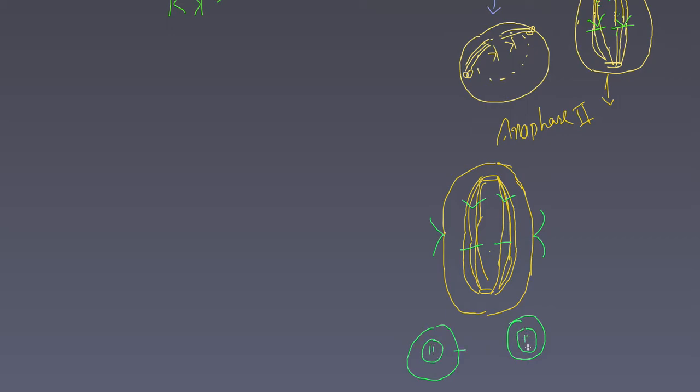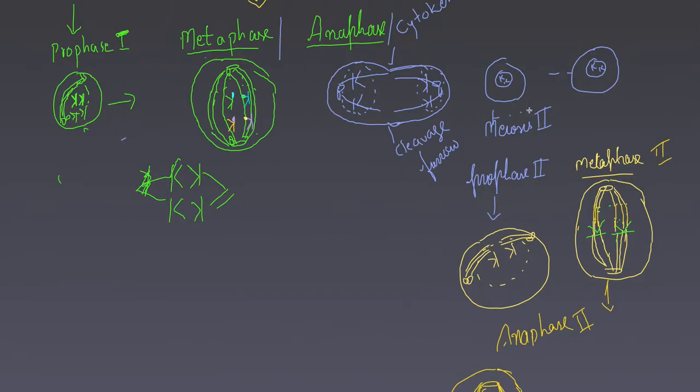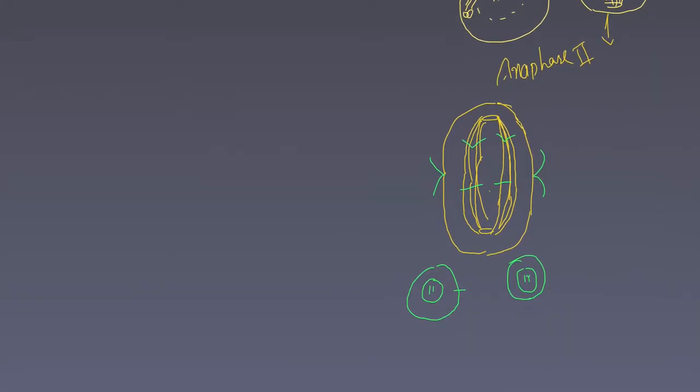But this is only one cell we're talking about. We actually had another cell which was going through the same process, right? This one, we just picked up this one. This one is going through the same process again. So you have 2 more cells which have 2 sets of chromosomes.